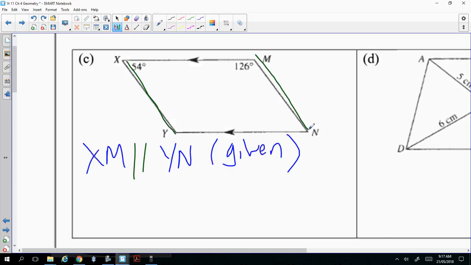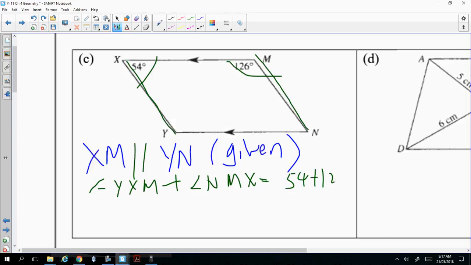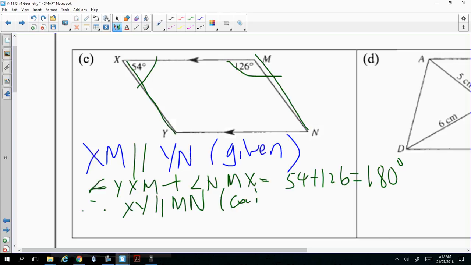Okay, so you say angle YXM plus angle NMX equal to 54 plus 126, which is 180 degrees. Which you can conclude XY is parallel to MN, where interior angles are supplementary. Alright, good. So we did that.